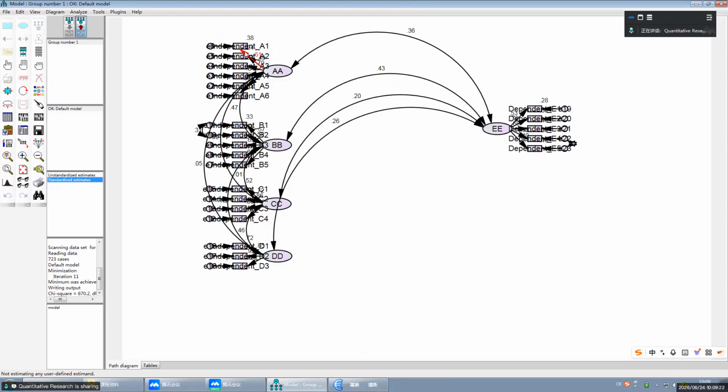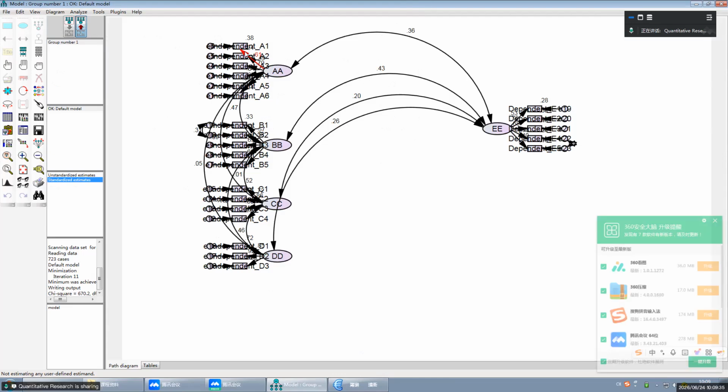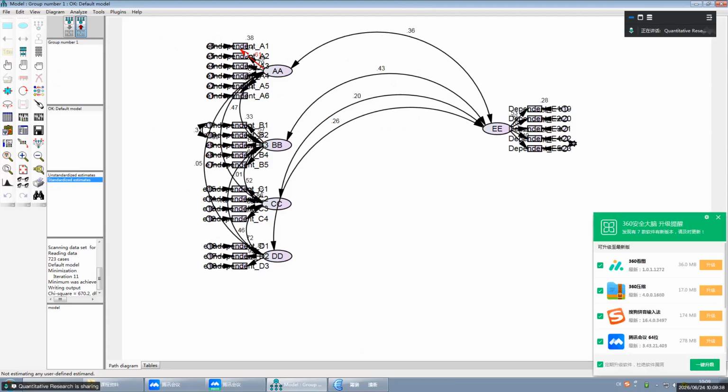But the problem is the values are too small to see. When you have a very large model, they are too small to see.